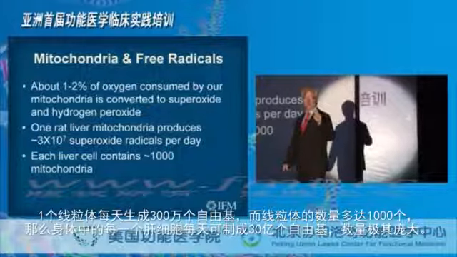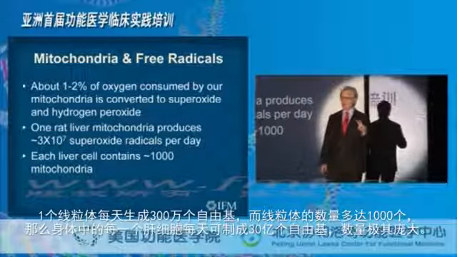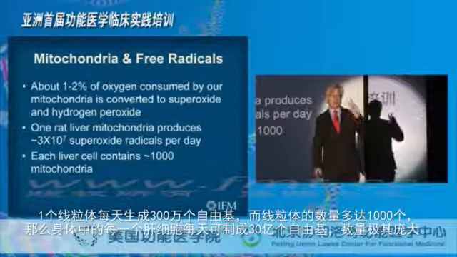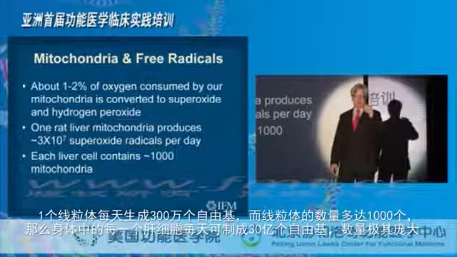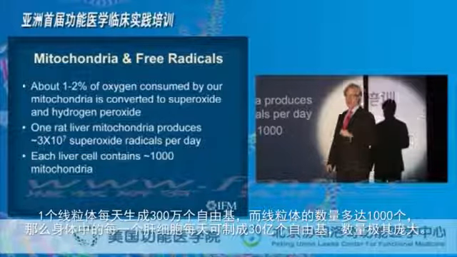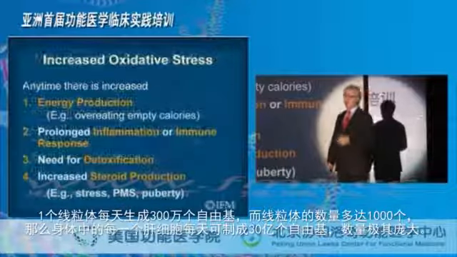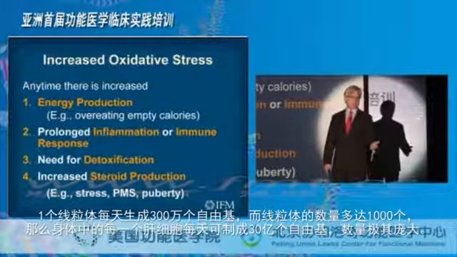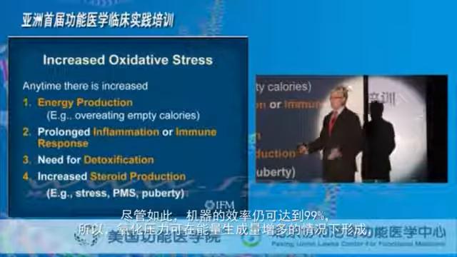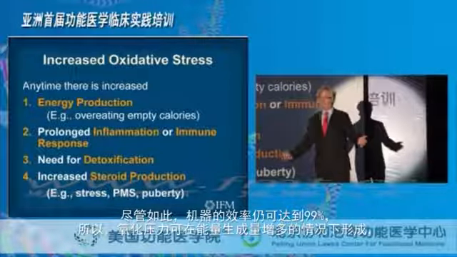In every single liver cell in your body, there are 3 billion, 3,000 million free radicals every day from every liver cell. That's a lot of free radicals, even though the machine is 99% efficient.